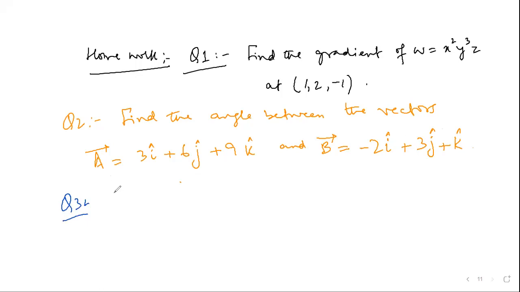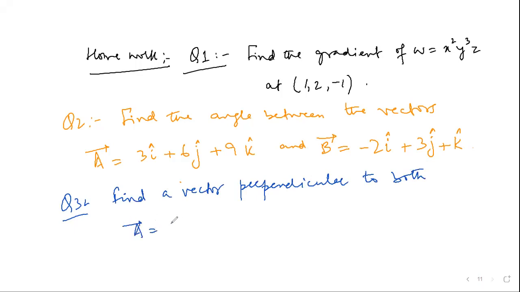My question 3 is find a vector perpendicular to both a equal to i plus j minus k and b equal to i plus 3j minus 2k.